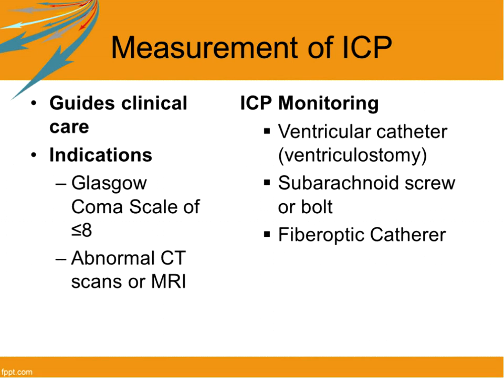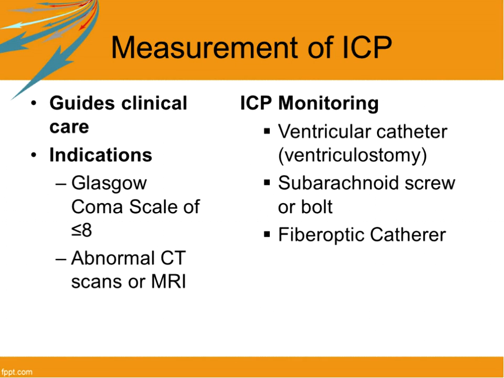Then we can also use a subarachnoid screw or bolt. This is another method, and it's placed through the skull between the arachnoid membrane and the cerebral cortex. Downsides, it does not allow for drainage of CSF, but it is a really good choice for patients with mild or moderate head injury. It can be easily converted into a ventriculostomy if the patient begins to decompensate.